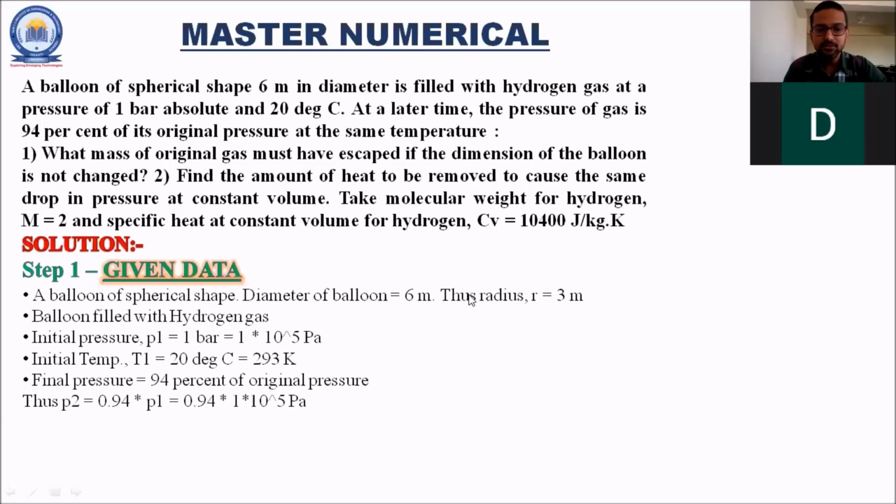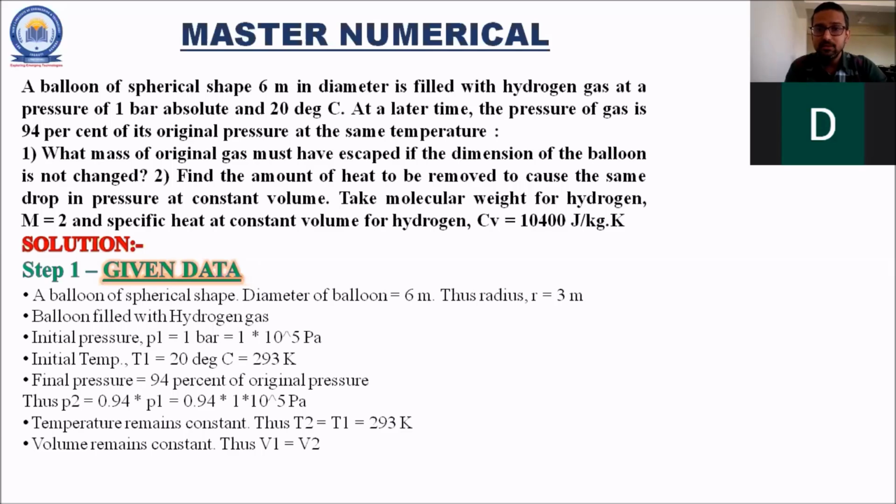Now proceeding further, writing down the given data, you are seeing that the conditions of the pressure are changed at the same temperature. So I am writing down the temperature remains constant, thus T2 is equal to T1. T1 is already given, that is 293 Kelvin. Also we are given that the dimension of the balloon is not changed in case number 1, so the volume remains constant.